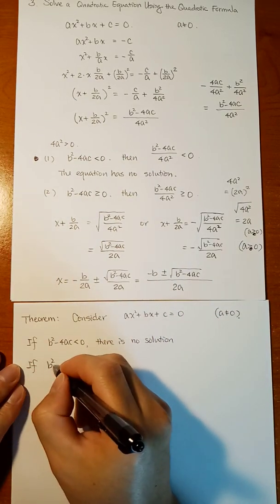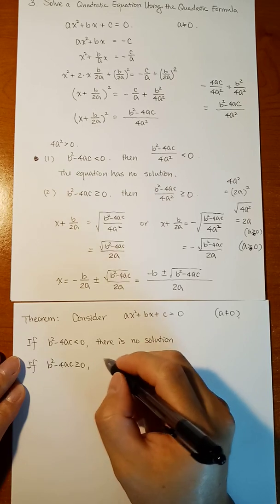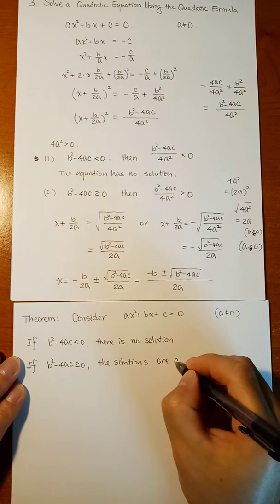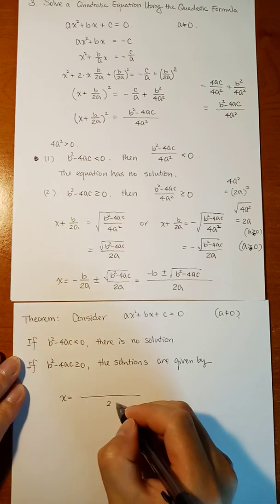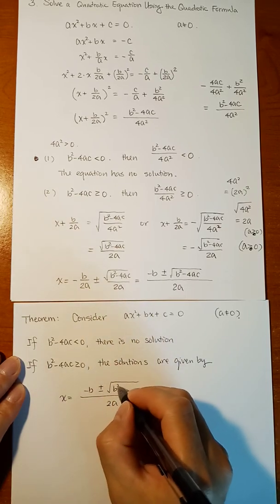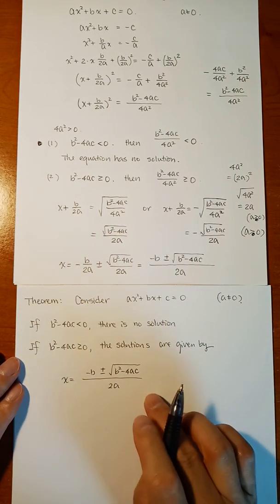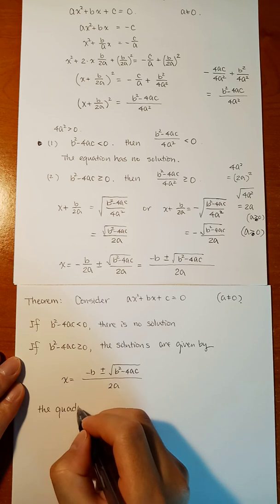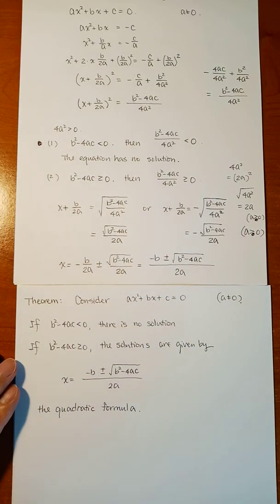If b squared minus 4ac is greater than or equal to 0, the solution or solutions are given by x equal to negative b plus or minus, there are two solutions in general, square root of b squared minus 4ac, all over 2a. This is called the quadratic formula.